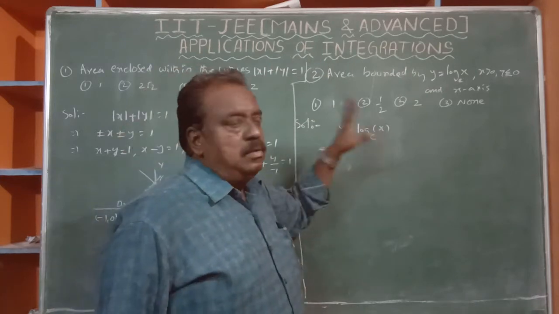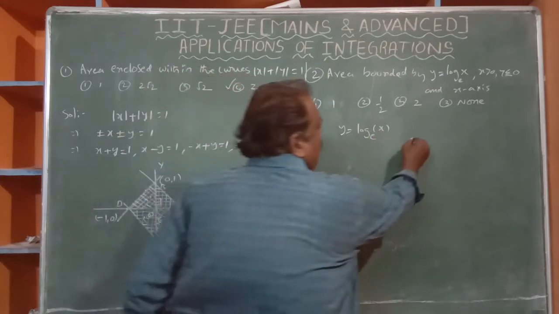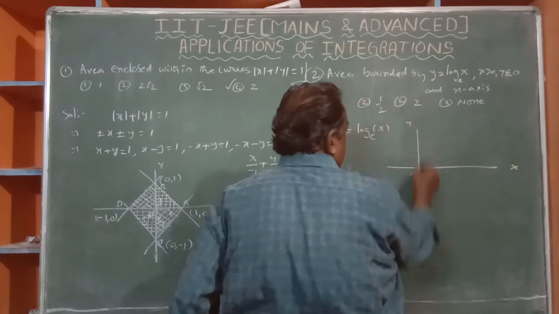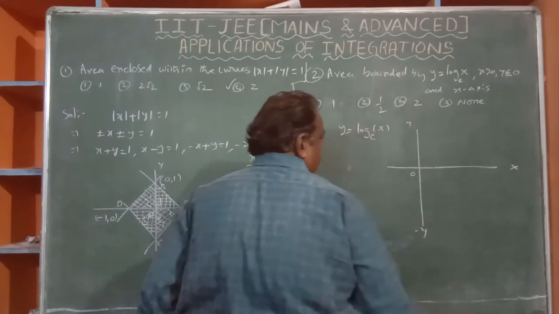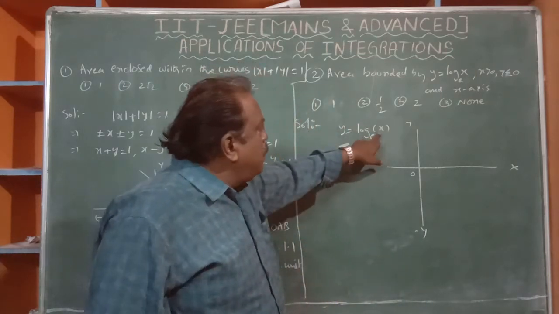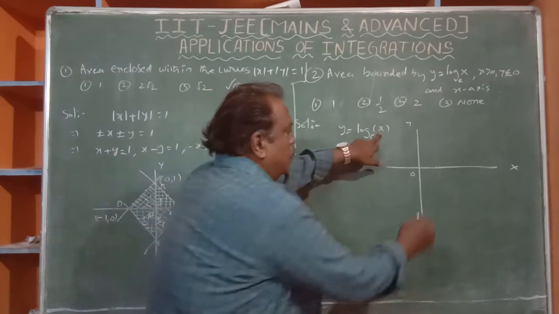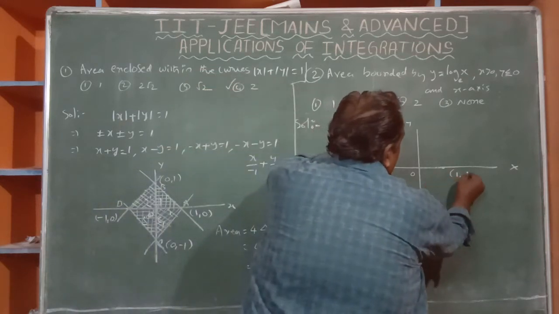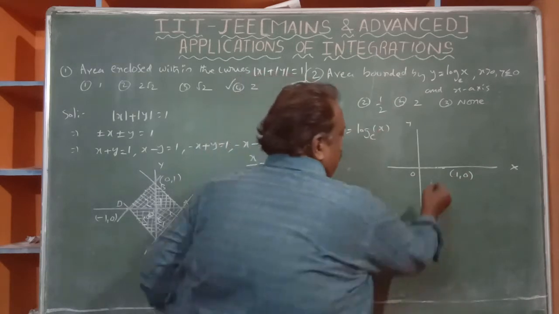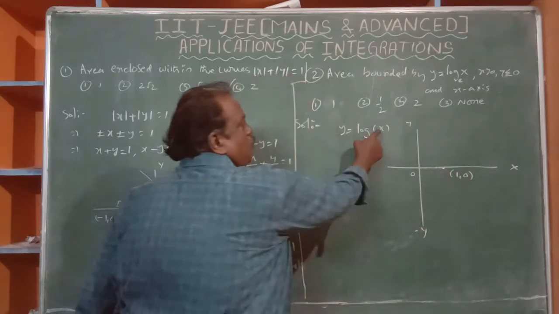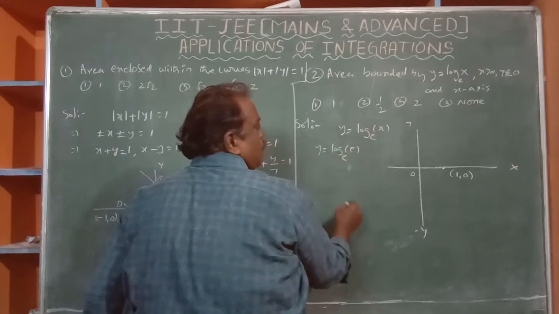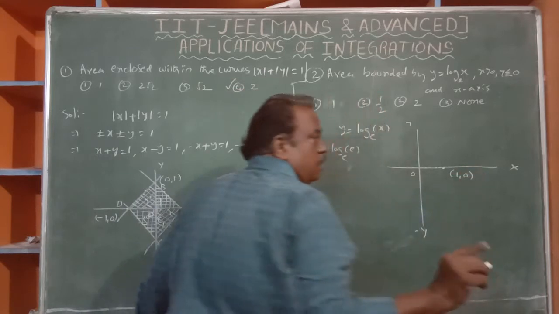x is here positive. The diagram is x-axis, larger than y-axis, and it is minus y-axis. You see that, observe me. When x is equal to 1, y is equal to log 1, which is 0 here. When x is equal to e, suppose x is equal to e means it is 2.7 like that.